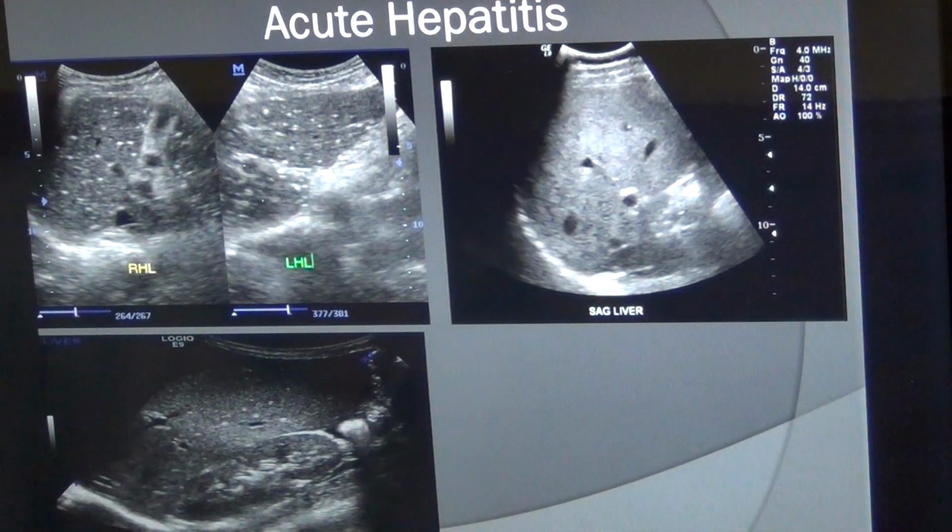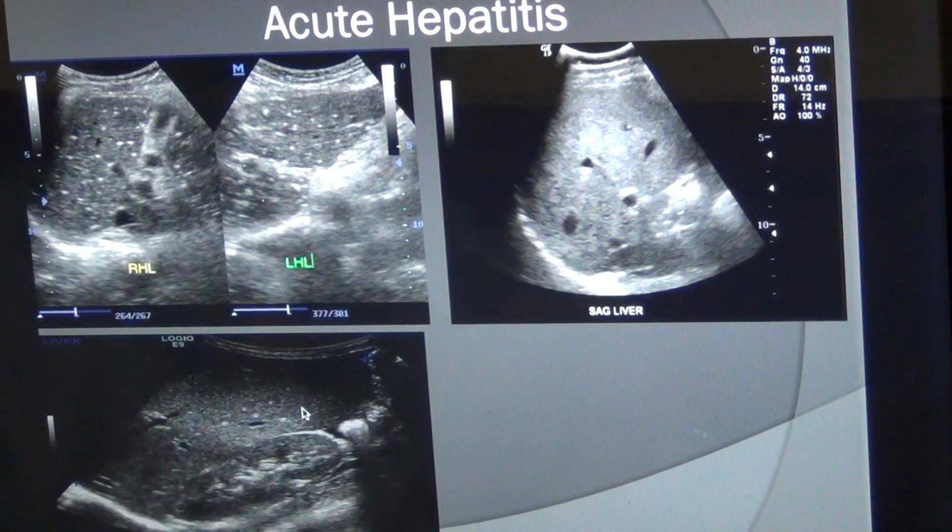Now this image is acute hepatitis. In this acute hepatitis, you will see the liver here, and this is another liver, and this is the liver and the kidney.